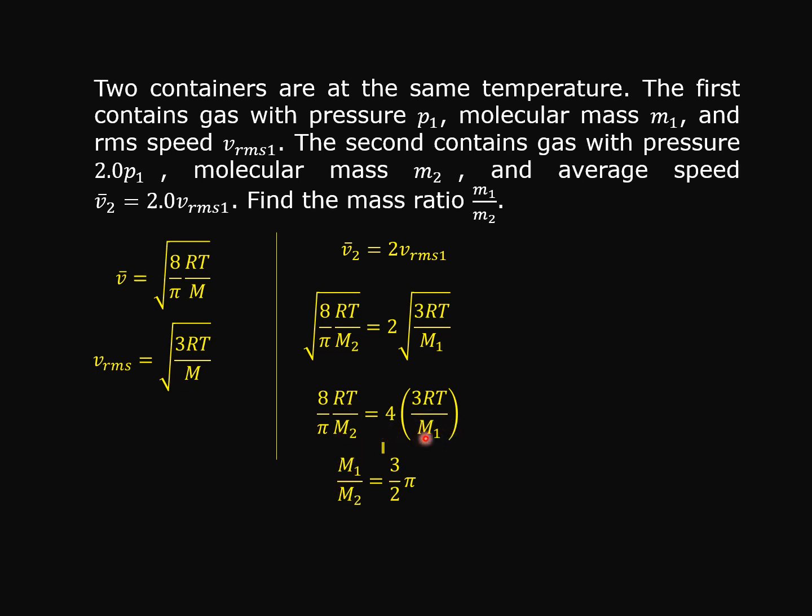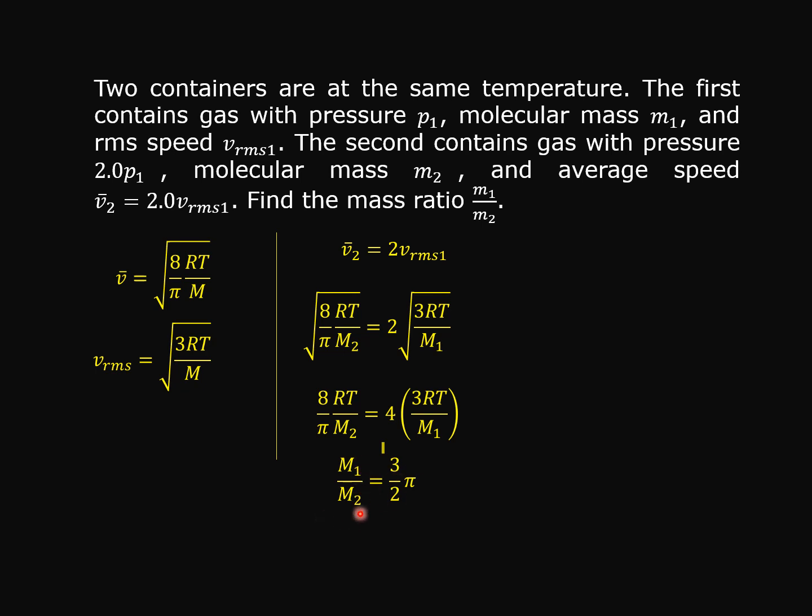That means we move this M1 to the left-hand side to get M1 over M2, and move the pi and the 8 to the right. Then 4 over 8 gives 1/2, multiplied by 3, so we have 3 over 2 pi. So the ratio of M1 over M2 equals 3 over 2 pi.